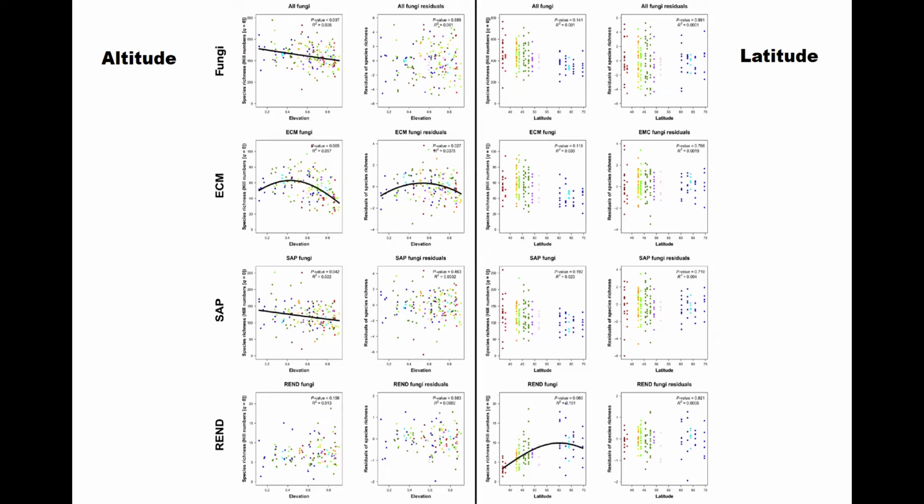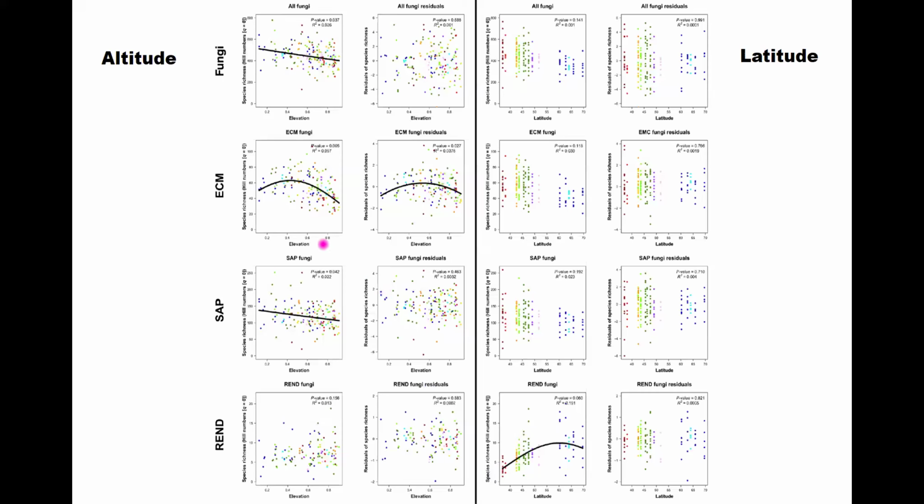So the majority of the effect that we see can be attributed to the effect of climate on the distribution of fungi along the altitude. The same is true for the saprotrophs. The same is true for the increasing richness in the case of root endophytes. When we take into account the climate, suddenly there is no pattern in the diversity. So everything can be attributed there.